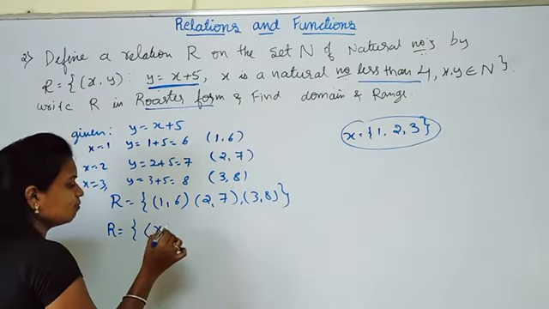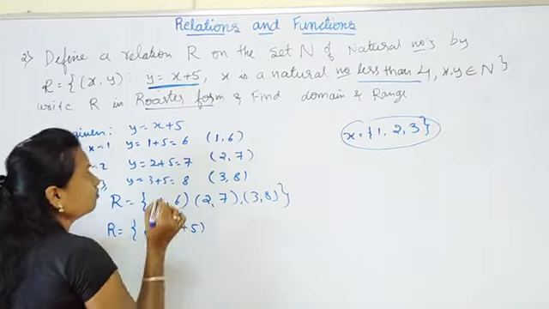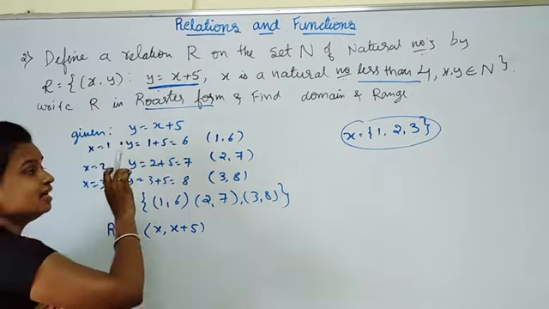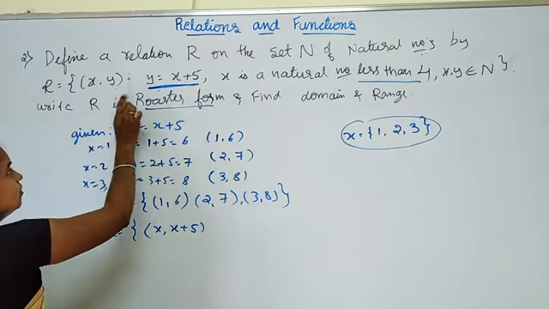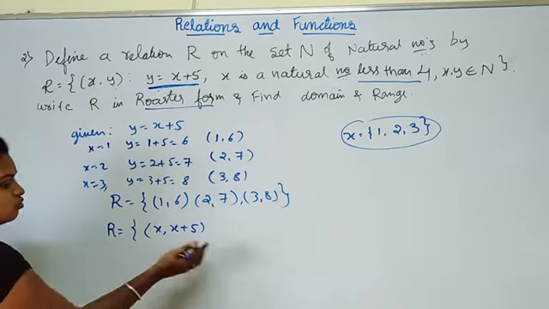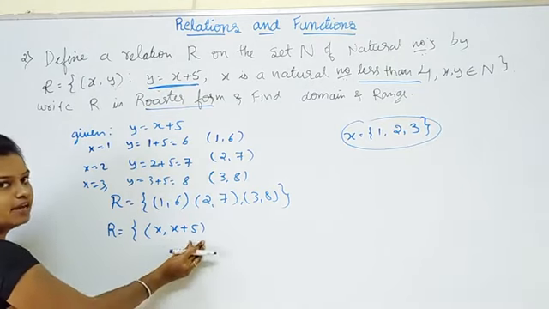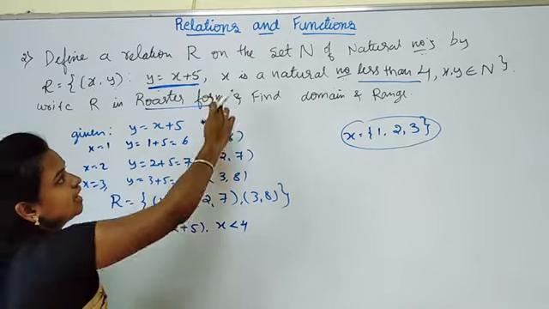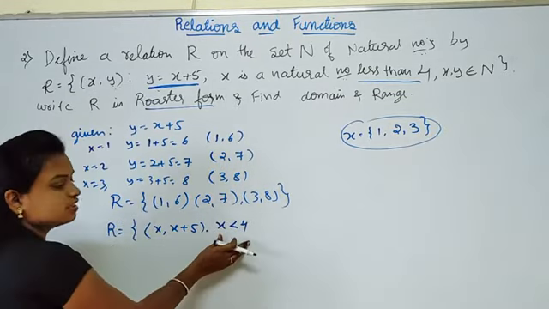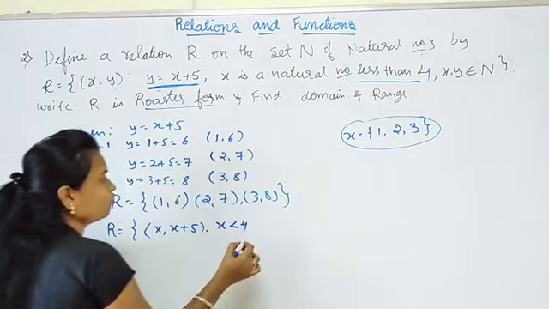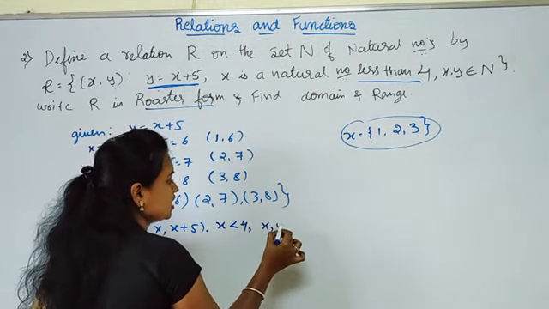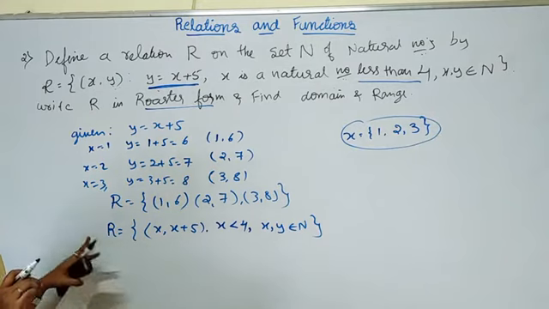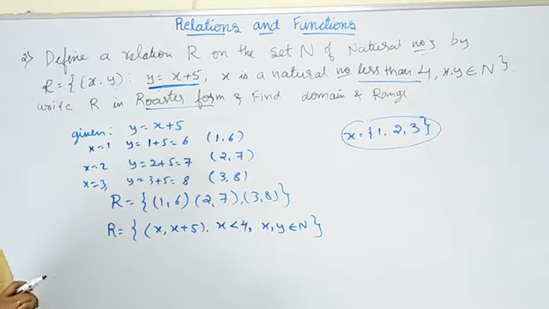Since the ordered pair is (x, y), x is written as it is, and y is x plus 5. So the ordered pair becomes (x, x plus 5), with x less than 4, because x is a natural number less than 4. Another condition is that x and y belong to the set of natural numbers. This is the roster representation of the relation.